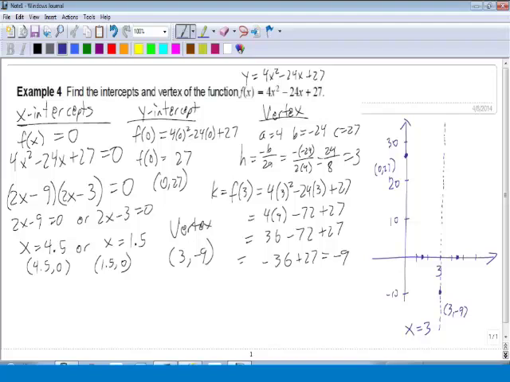One to the left, the other one to the right. The y-intercept is where it is. It's always a distance of whatever the absolute value of the x-coordinate of the vertex is. So if we go that distance on the other side of the axis of symmetry, it's 3 to the left where it is. If we go 3 to the right, we get the point 6, 27.